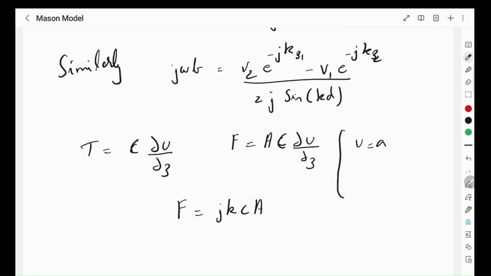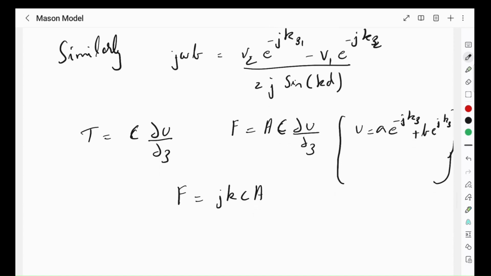So u is equal to a e raised to minus j k z plus b e raised to j k z. If you differentiate dou u by dou z here, then you will be able to write this.